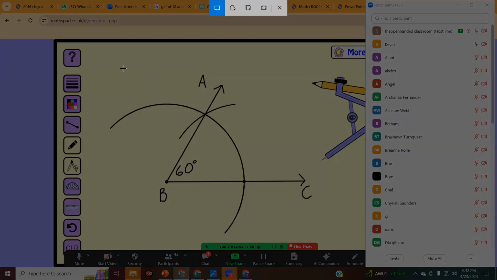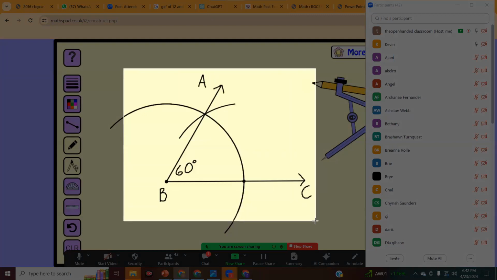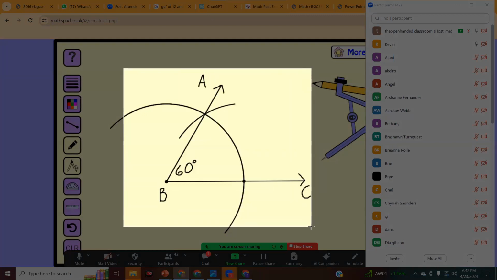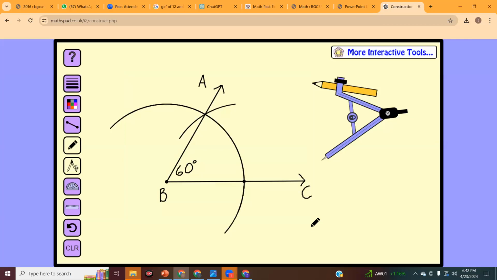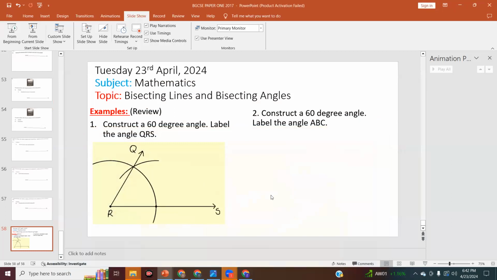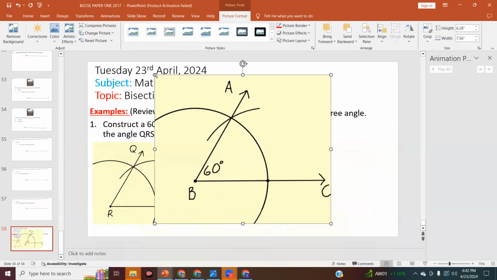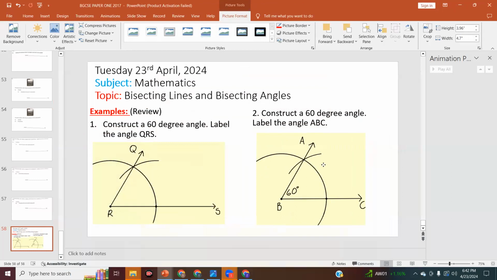Okay, no problem. So I need you all to take a picture of the second one. This is the second angle, a 60-degree angle. I need you to take a picture of this one as well and send it to me via WhatsApp. I need everyone to do that. Where's Akiro?